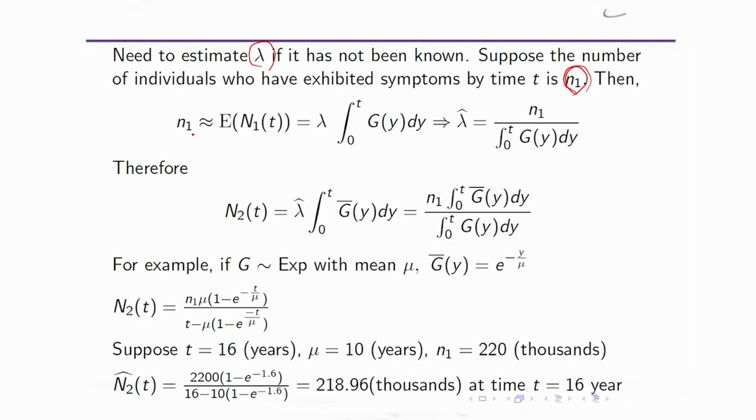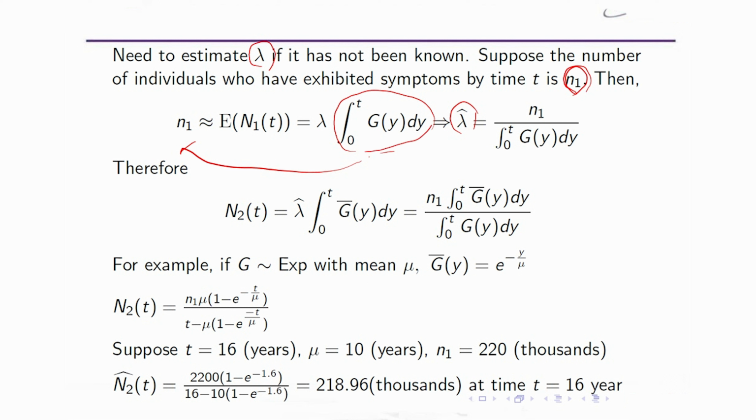So N1 is equal to the expectation of N1(T), which is lambda times the integral from 0 to T of G(y) dy. So we can estimate lambda by N1 divided by the integral from 0 to T of G(y) dy, right? Basically you just move this to the left hand side.